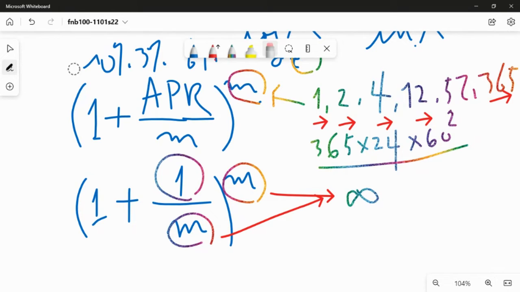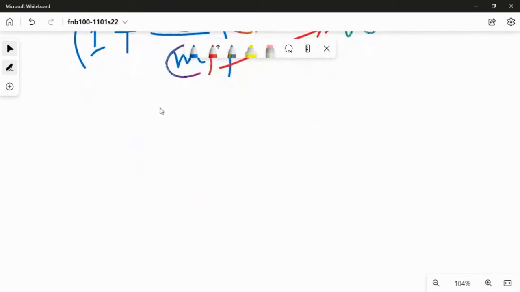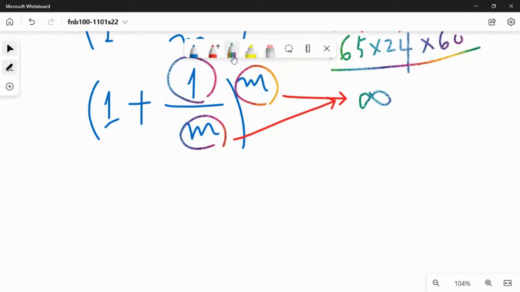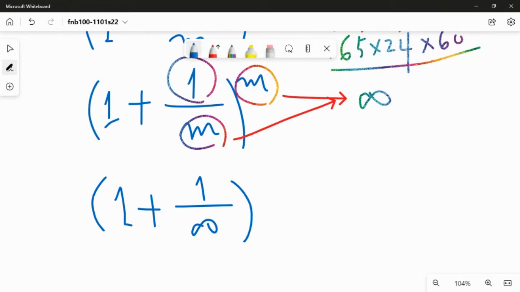If n goes to infinity, then this becomes 1 plus 1 over infinity raised to infinity. Then our question is, what is this number going to be?